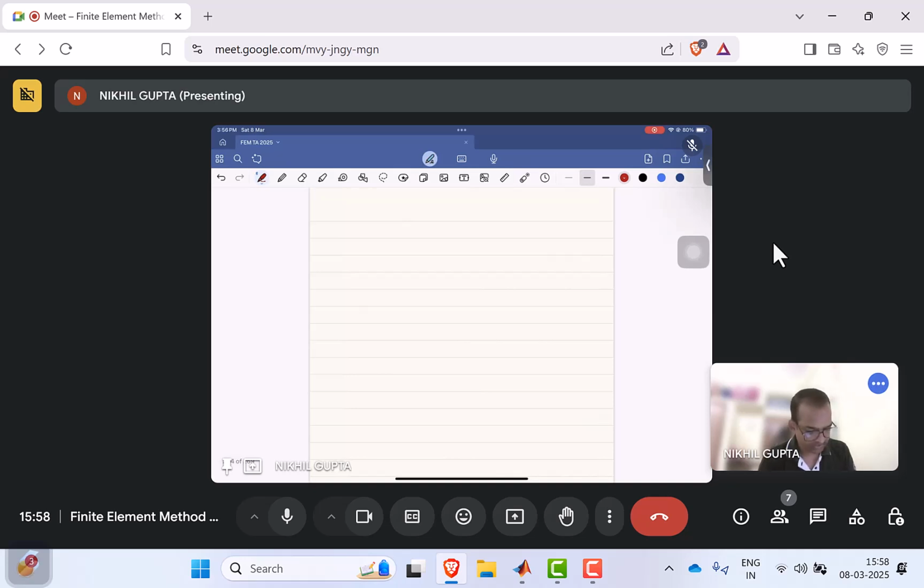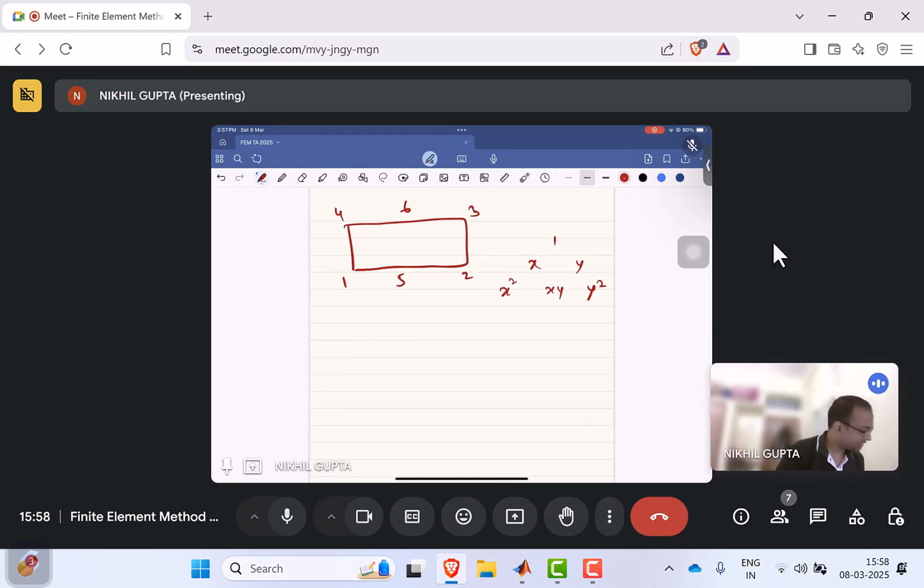So let's take a rectangle element like this. One, two, three, four, five, six. 1, x, y, x square, xy, y square. Now tell me, six are there. Tell me the approximate function.